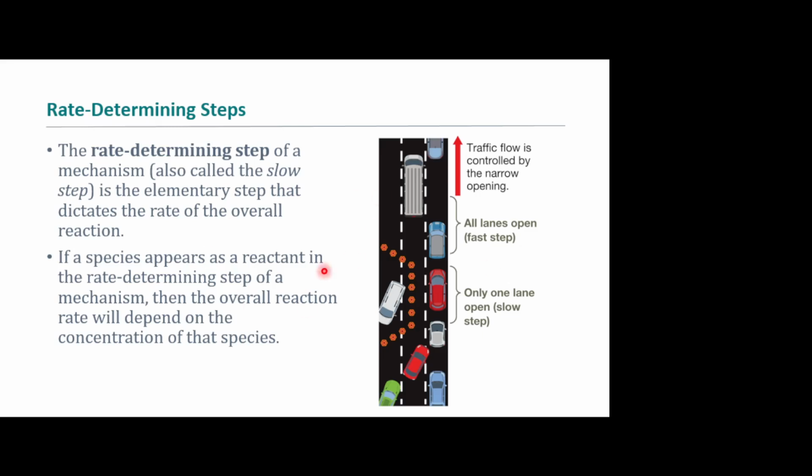And so when a species appears in the reactant as the rate determining step of a mechanism, then your overall reaction rate is going to depend on the concentration of that species. Keep in mind, though, that rate laws are always in terms of reactants. This can cause a little bit of confusion and issues.